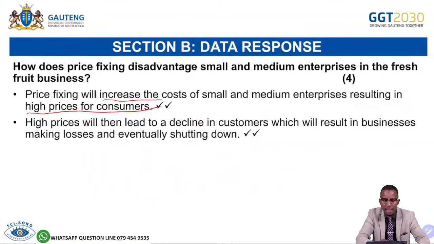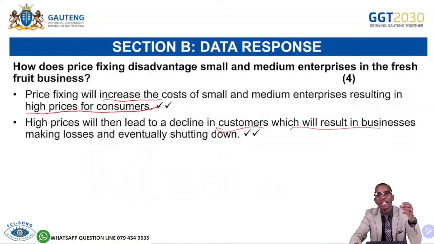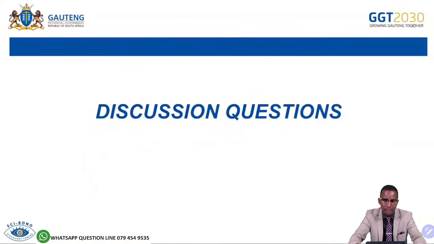High prices will then lead to a decline in customers, which will result in businesses making losses and eventually shutting down. Remember, these businesses are still very small. They are already performing at diseconomies of scale. So if there is price fixing, prices will be excessively high, which can lead to a decline in sales and consumers, resulting in a decrease in their profits.